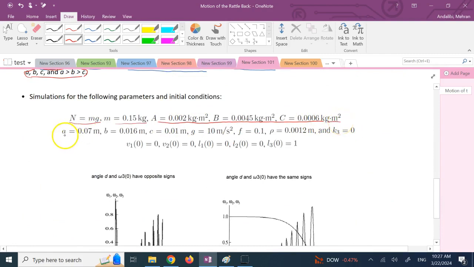The 3 major dimensions ABC are given by 0.07, 0.016, and 0.01 meters. G is considered 10, you can go 9.8, the coefficient of friction 0.1, the radius of the contact region is 0.0012 meters, you see very small, and K3 here is considered 0, so we assume that we spin it basically perfectly vertical in the beginning.